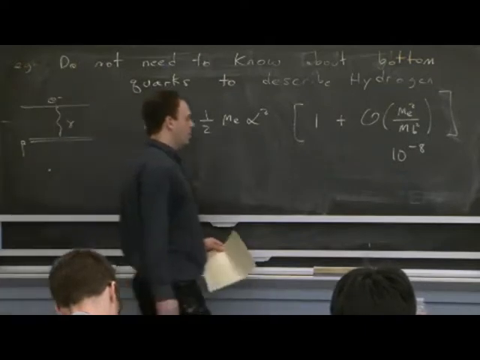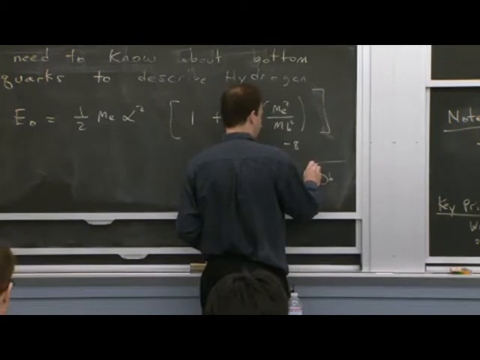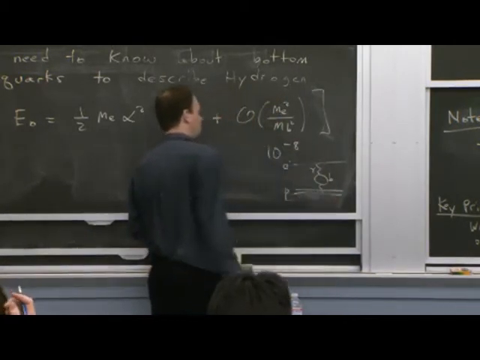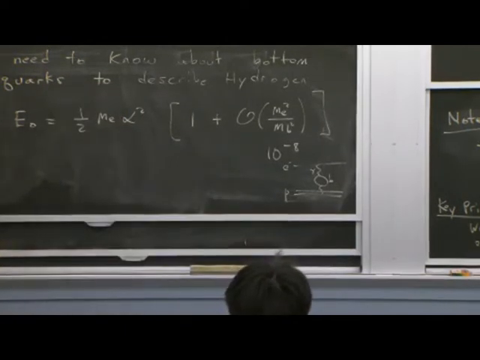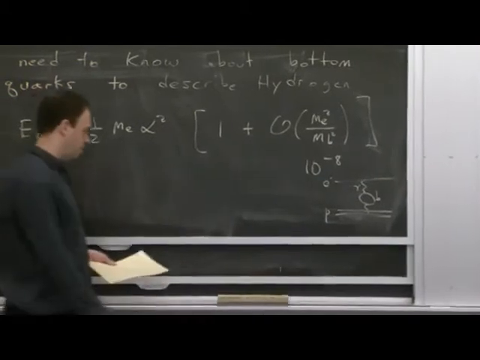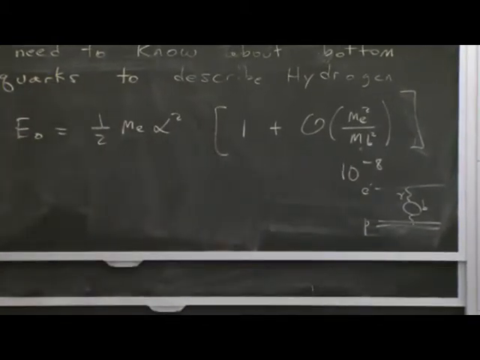So how would you think of them coming in? Well, you'd think of them coming in through some diagram, for example, where the bottom quark couples to the photon through a vacuum polarization like that. And this diagram, indeed, will give you corrections of this type. Now, it's a bit more subtle than that.